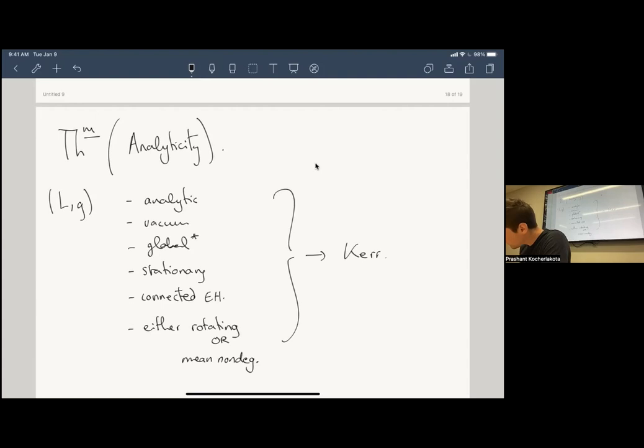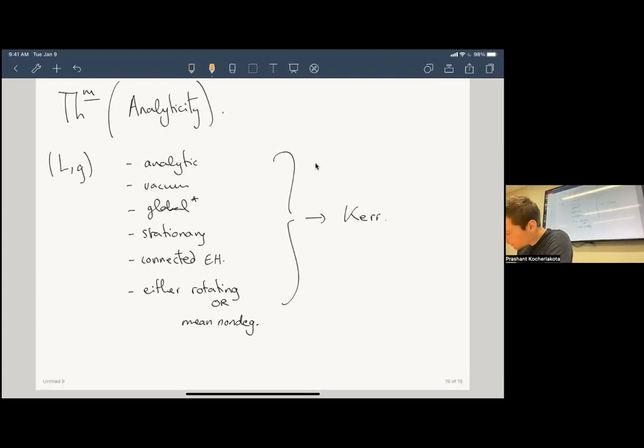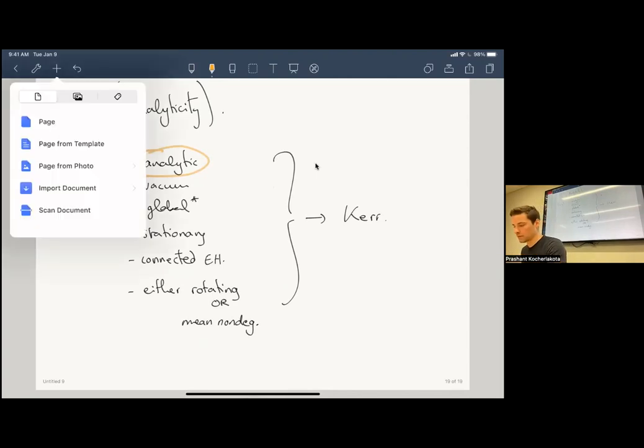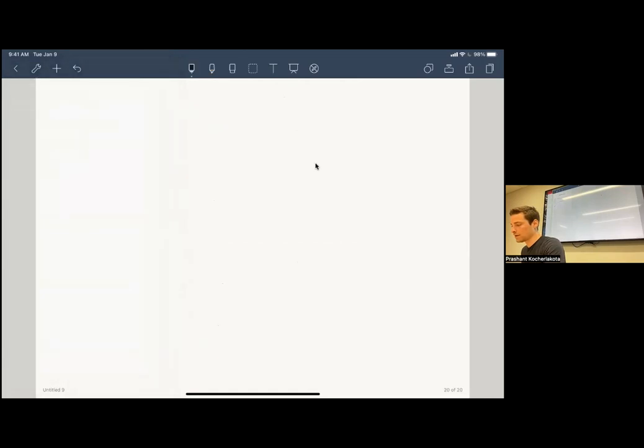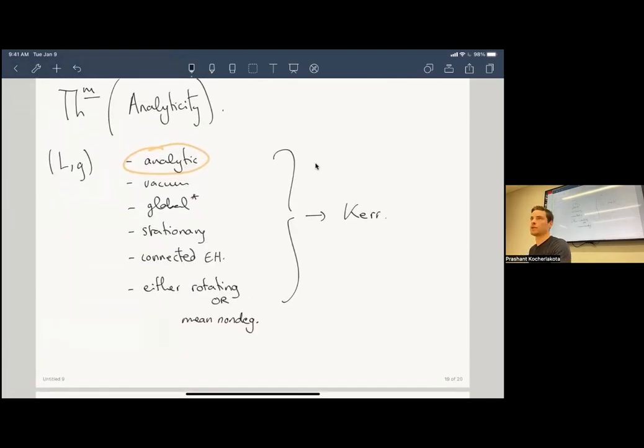Okay. And the problem here is this assumption. I'll define it next time with examples, because I think it's going to be really helpful for you to see why it's such a problem. So what exactly is analytic?